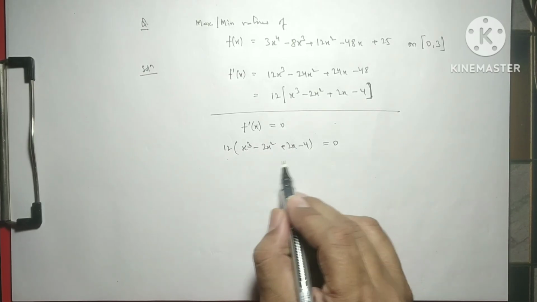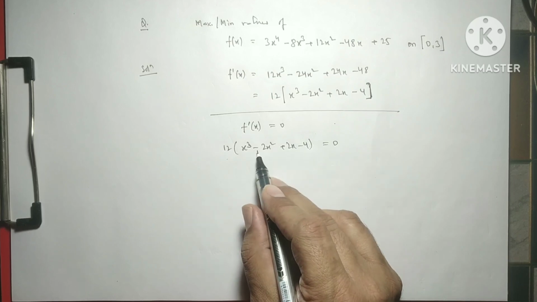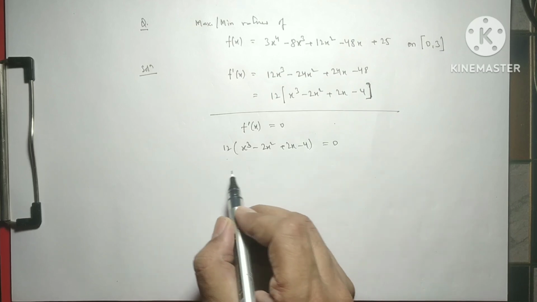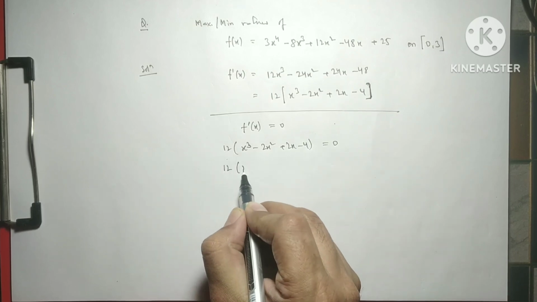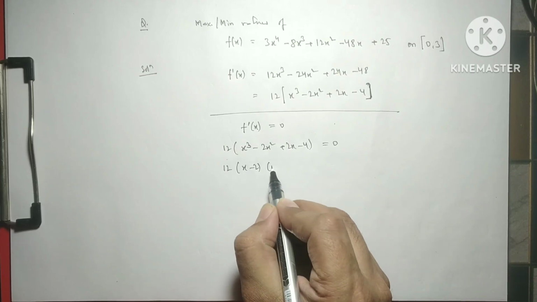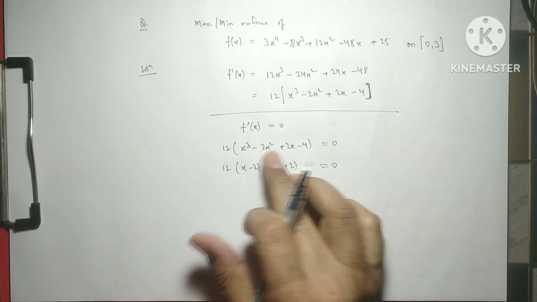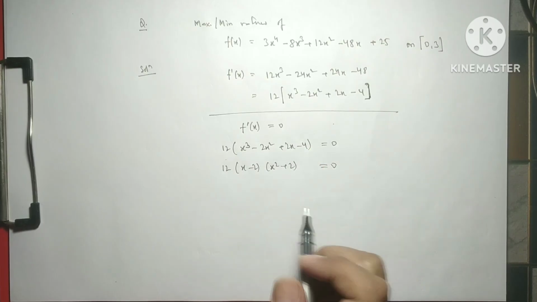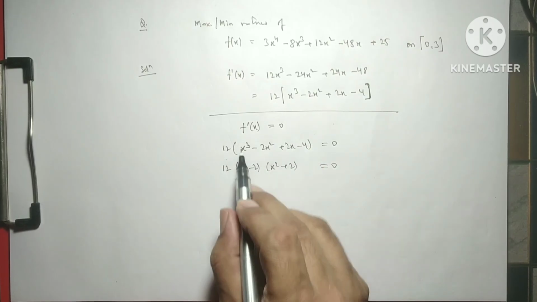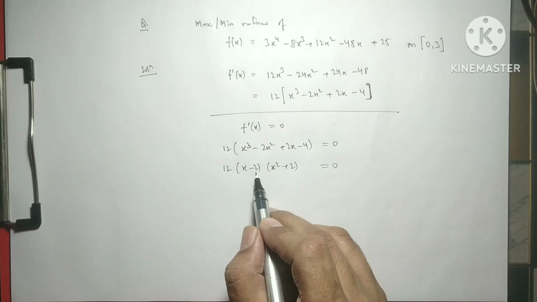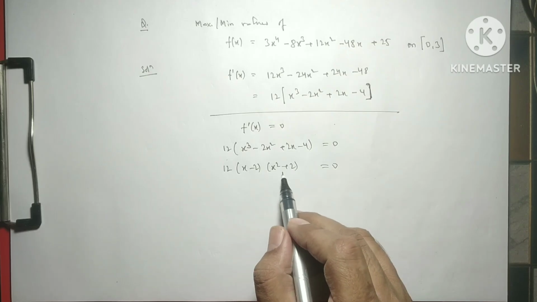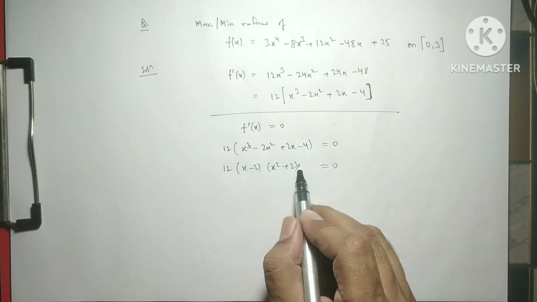So we factorize this, and on factorization we get (x - 2) and (x^2 + 2). We will use factor theorem and get the factor 2 at which this becomes 0. So x - 2 is factor, and remaining quadratic part is x^2 + 2.